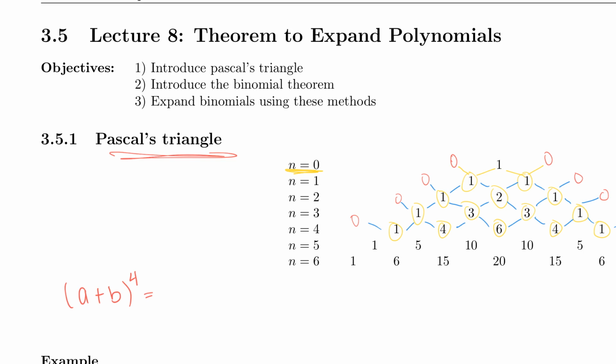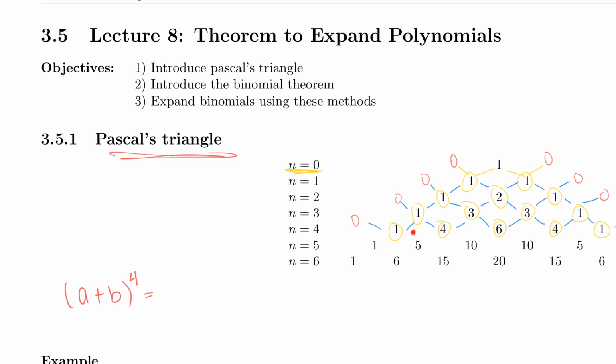And the way we do it is that all these numbers that we have in Pascal's triangle are going to be our coefficients. Okay, so the first thing is to identify the power of our binomial. It is the power of 4. So it indicates that we have to go to the row equals 4.